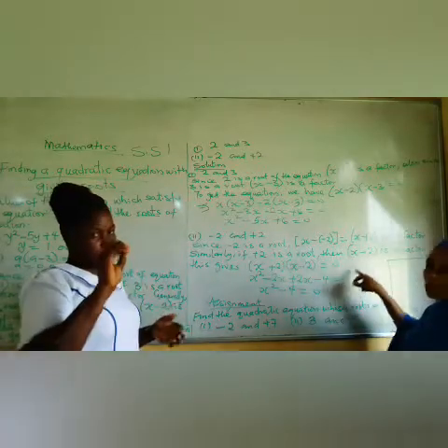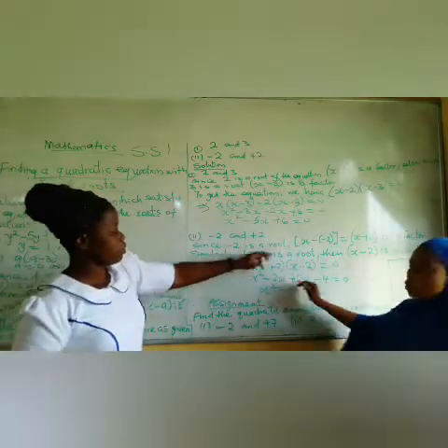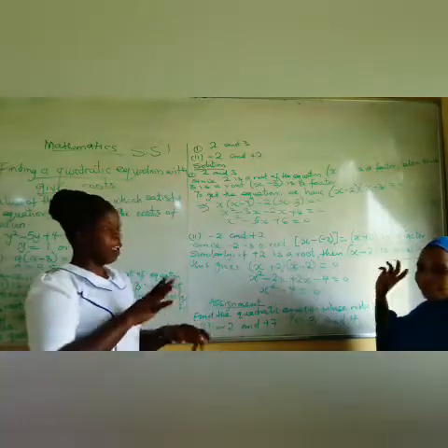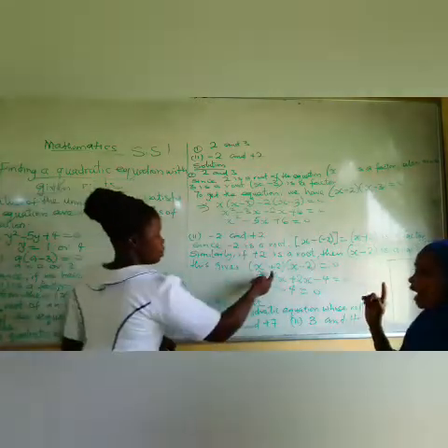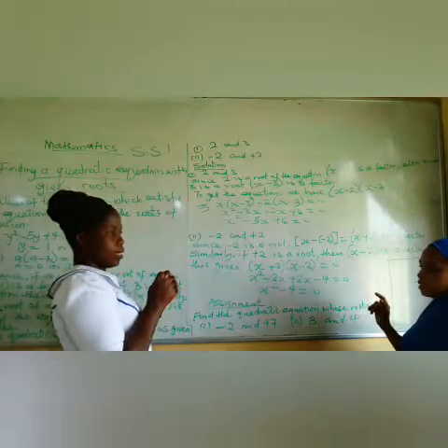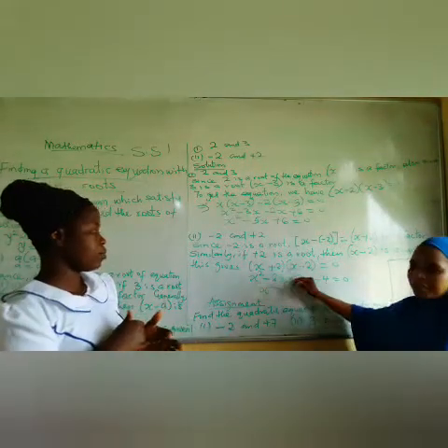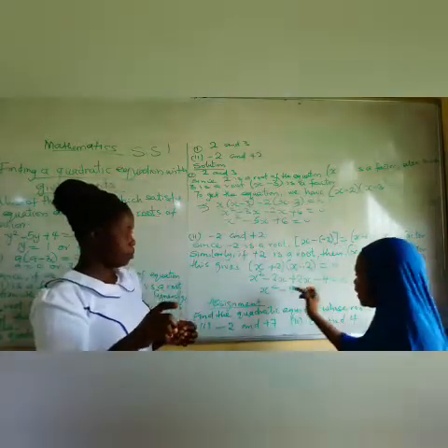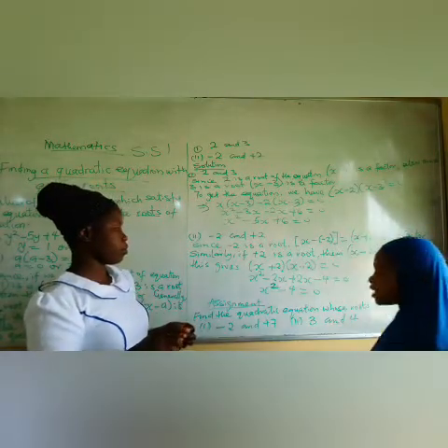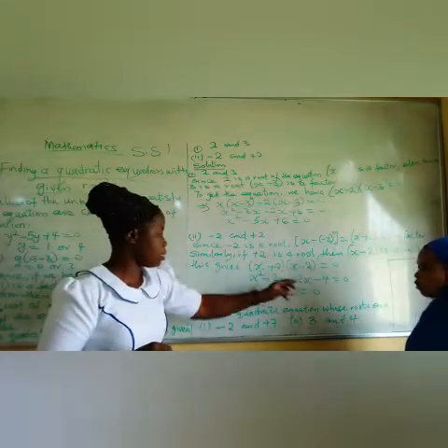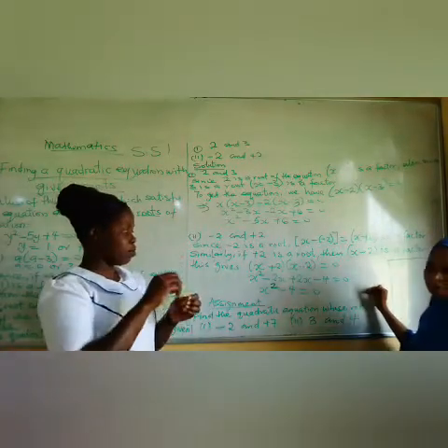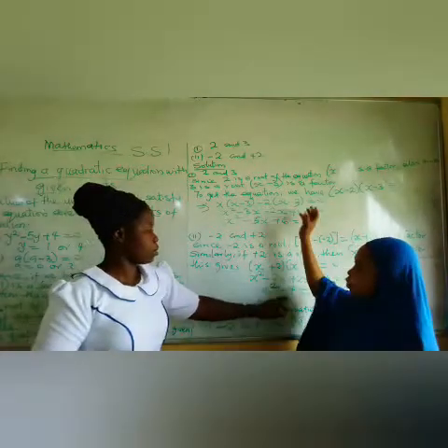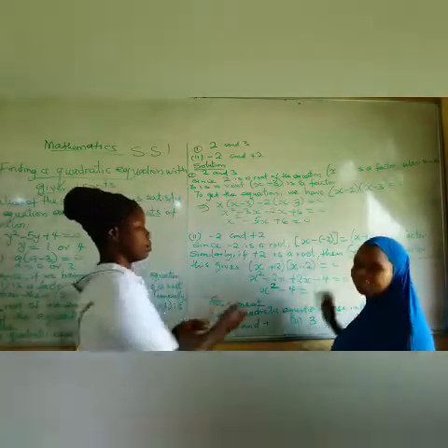Simplify the two middle terms, because the two middle terms always have 1 as the highest power on x. That is why you will usually simplify the two middle terms. Therefore, the final answer here is x squared minus 4 is equal to 0. So that is the required equation that you are asked to form.